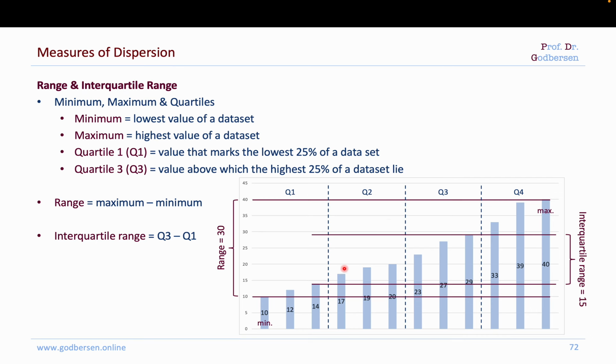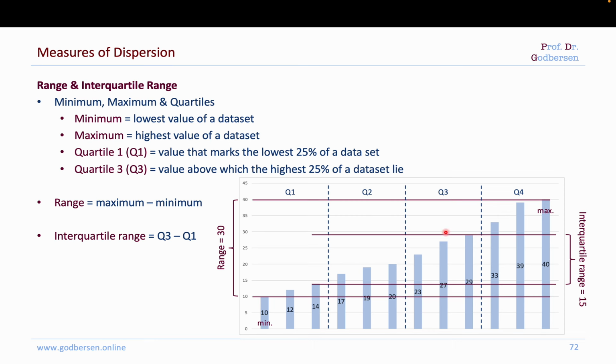So let's assume this is the age. Our youngest participant is 10 years of age and our oldest is 40 years of age. So the minimum is 10 years and the maximum is 40 years. Now we have the first quarter, second, third, fourth quarter. So Q1 is at 14 years.